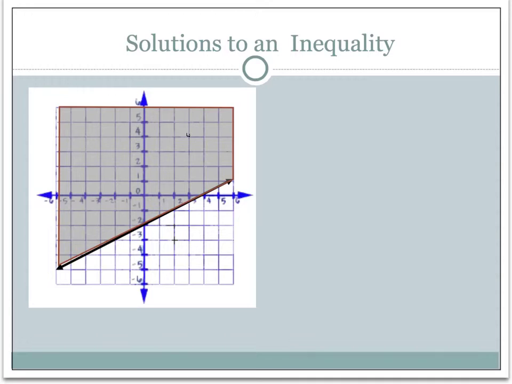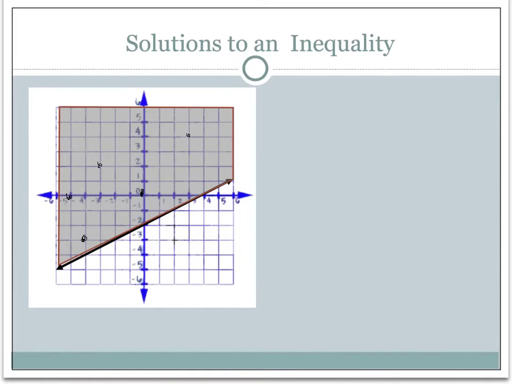So it could be this point, or this point is a solution. The origin, 0, 0, would be a solution, or this point could be a solution. This point even would be a solution here. So there's lots and lots of points that you're going to have. In fact, there's going to be an infinite number of solutions.